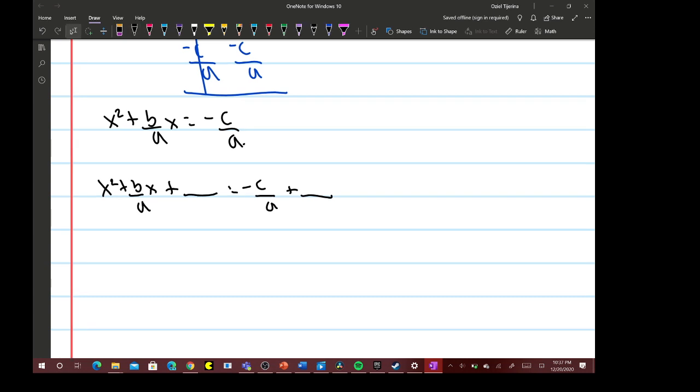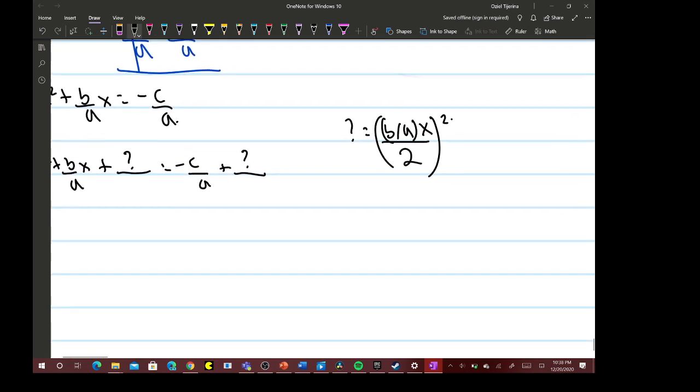To get the third term, we're going to say that this is going to equal b over a, x over 2, squared.